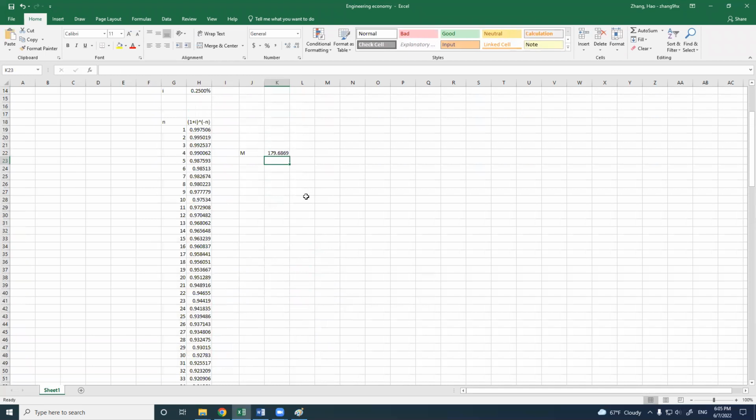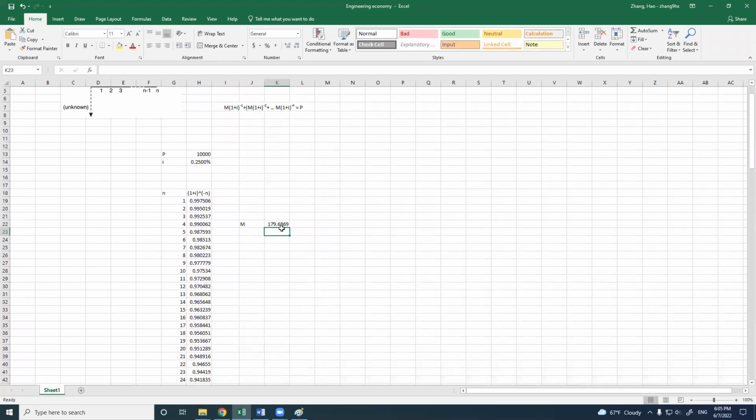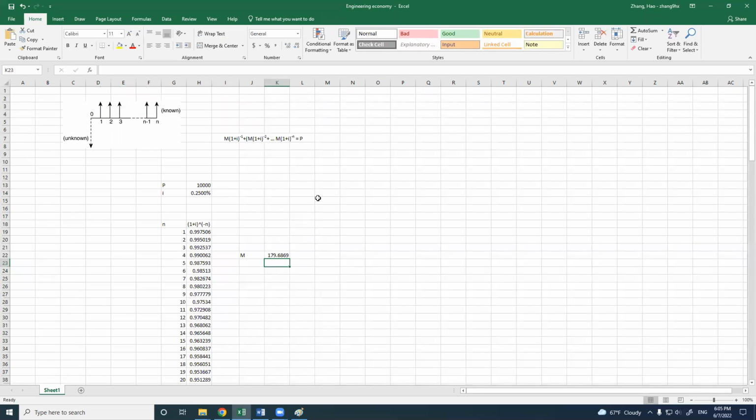And now we can see the amount of money that you need to pay for each month, over 60 periods.